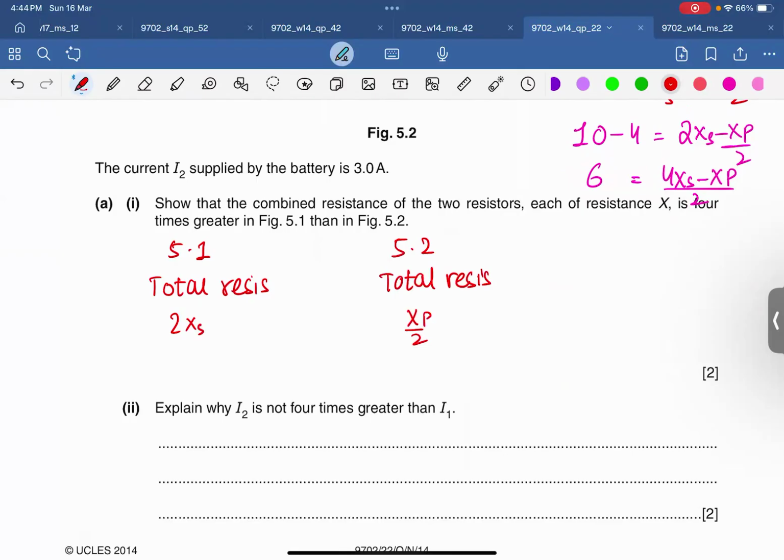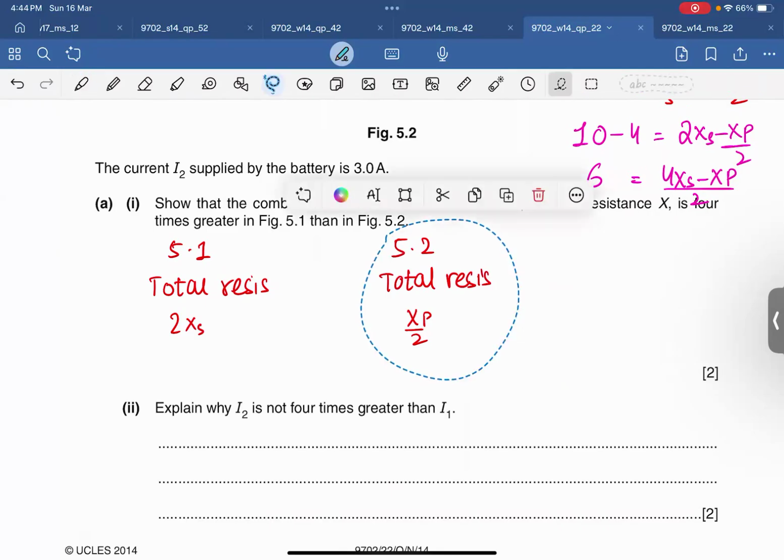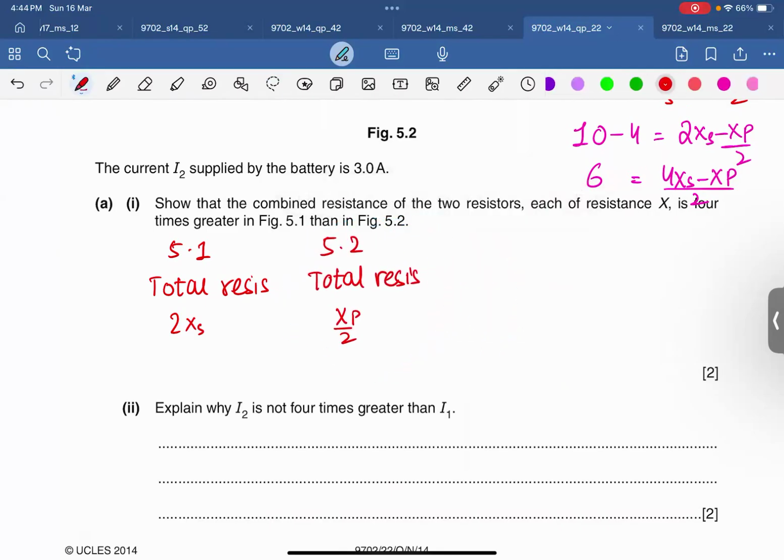If you just find the ratio, it would be 2xs over xp over 2, right? So that would give me the resistance of S over the resistance of P.